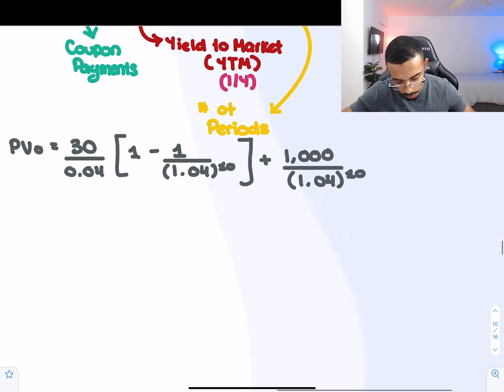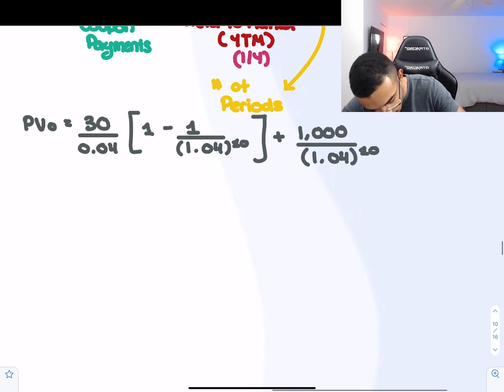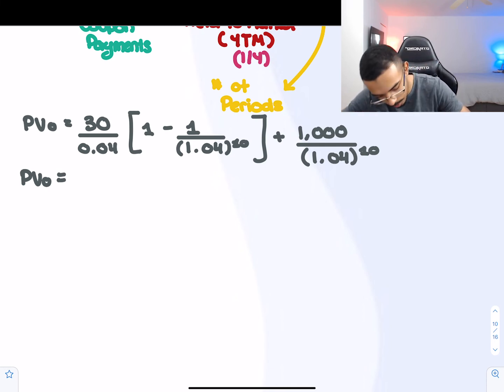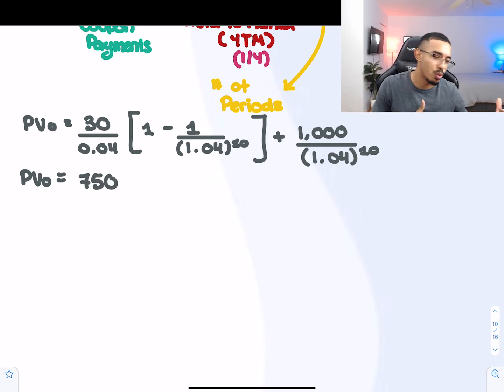Now, with that being said, what we're going to do is we're going to calculate the values we need, right? Now it's simple math. So 30 divided by 0.04 is equal to 750, okay? Essentially, you do 30 divided by 0.04. We know that 0.04 goes into 1, if I'm not mistaken, 25 times. So you do 25 times 30.